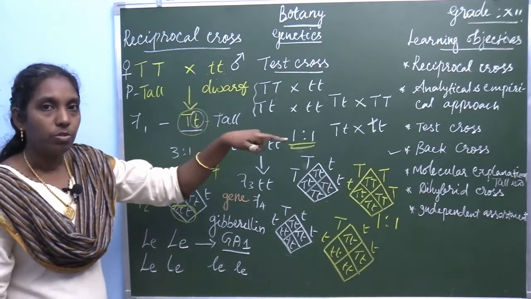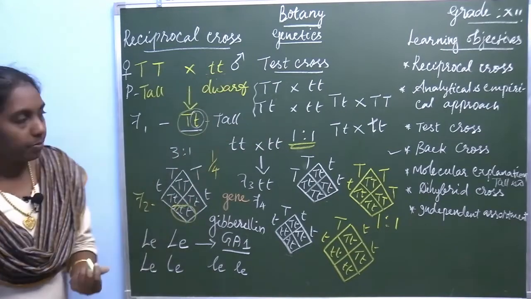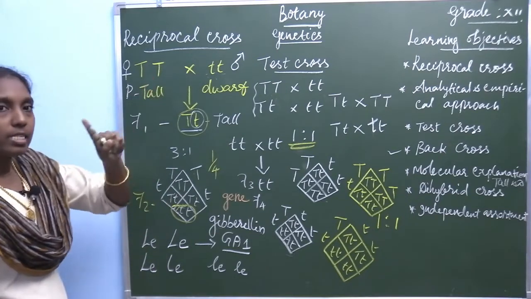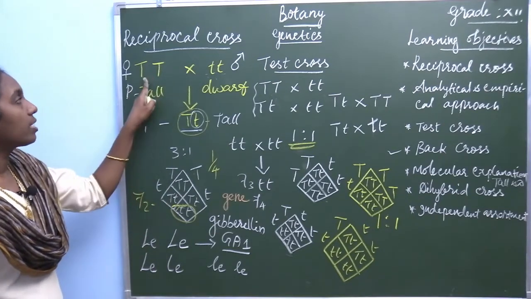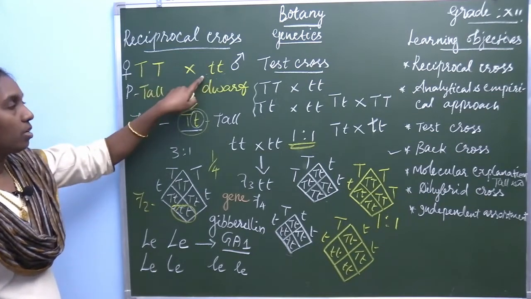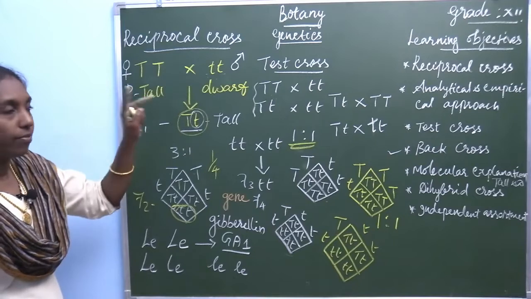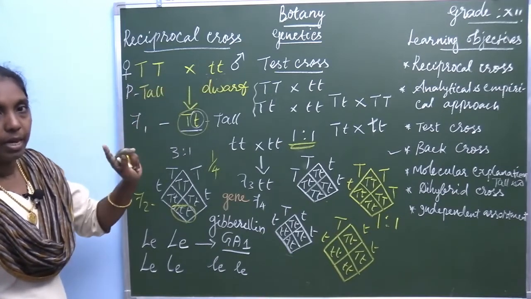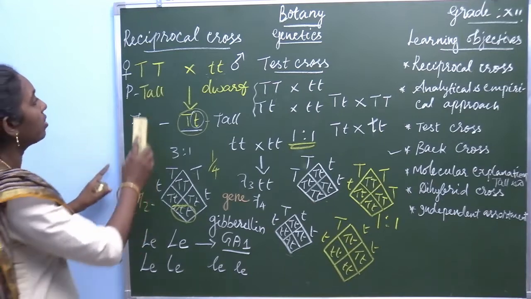Now, let us move to dihybrid cross. In monohybrid cross, a single trait is taken, a single trait which contains two different alleles. The character is the height of the plant.